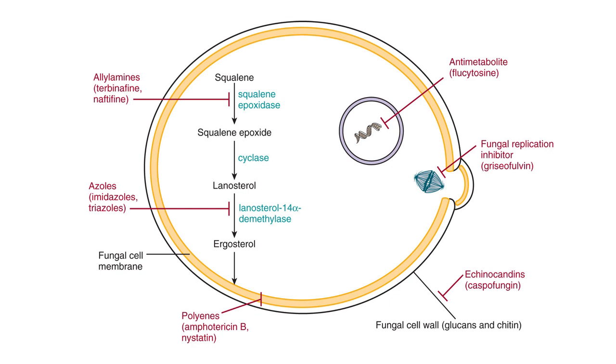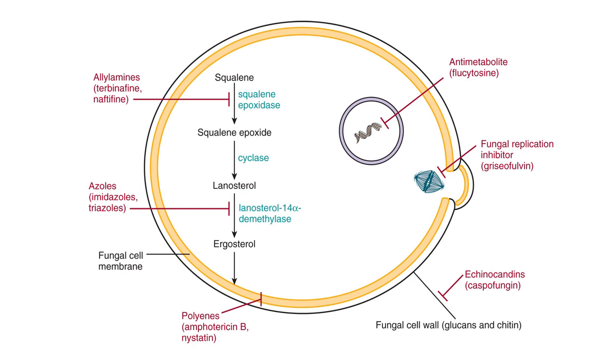So echinocandins inhibit the polymerization of glucans and chitin. If you remember your biochemistry, glucans are polymers made up of glucose, and chitin is a sulfated hexosamine. So that means that in chitin you will see a 6 carbon sugar, a nitrogen group attached to it, and a sulfur group attached to the nitrogen group.